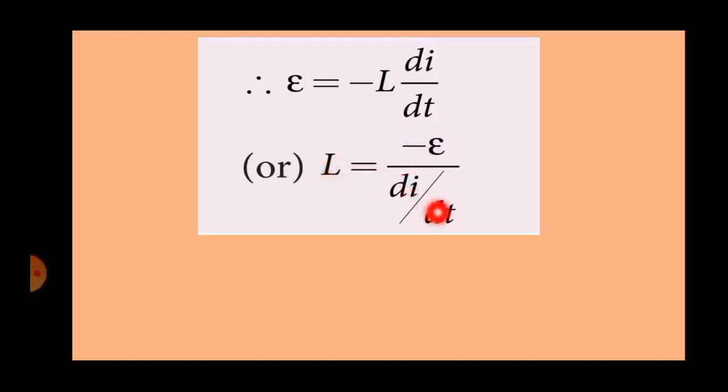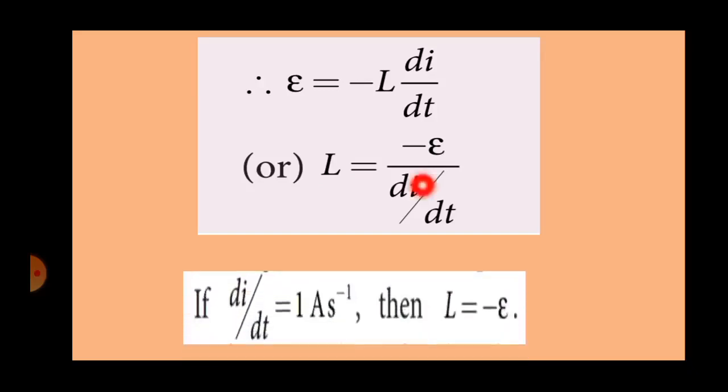Now if the current changes at 1 ampere per second, that is dI by dt is equal to 1 ampere per second, then L is equal to minus E. So the inductance of a coil is also defined as the opposing induced EMF in the coil when the rate of change of current through the coil is 1 ampere per second.